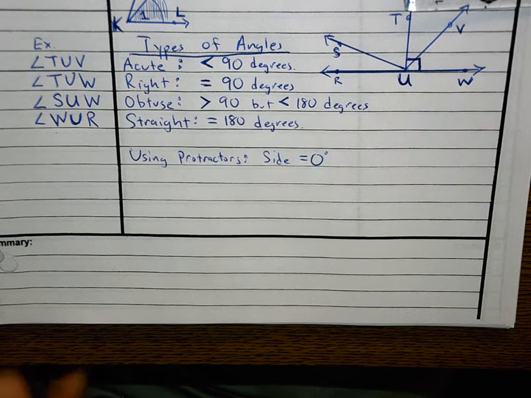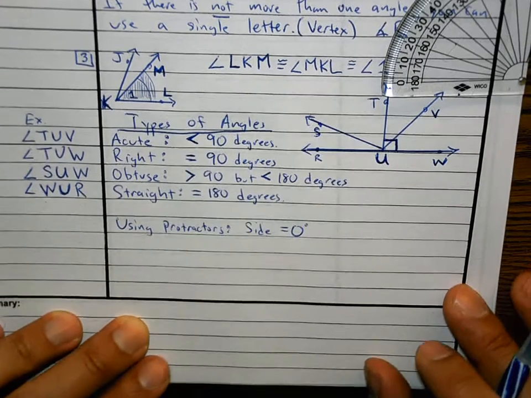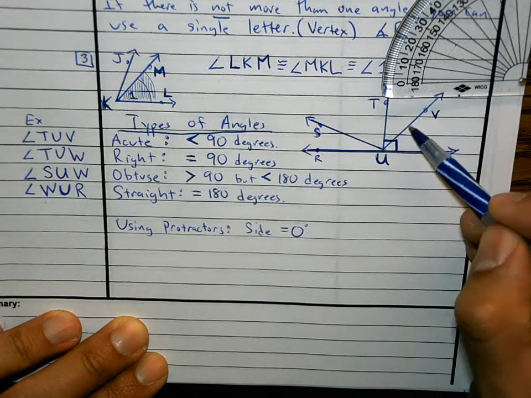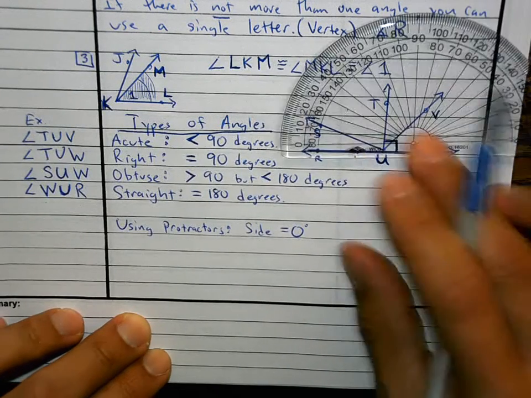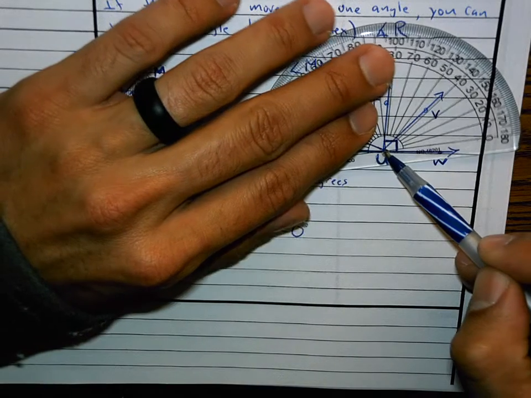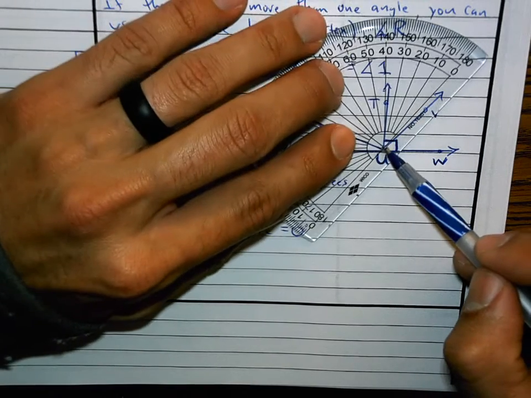Let me show you what I mean. If I were to actually measure this angle TUV, here's TUV. The way you measure angle TUV is you put this little dot on the vertex. That's where this little hole goes.